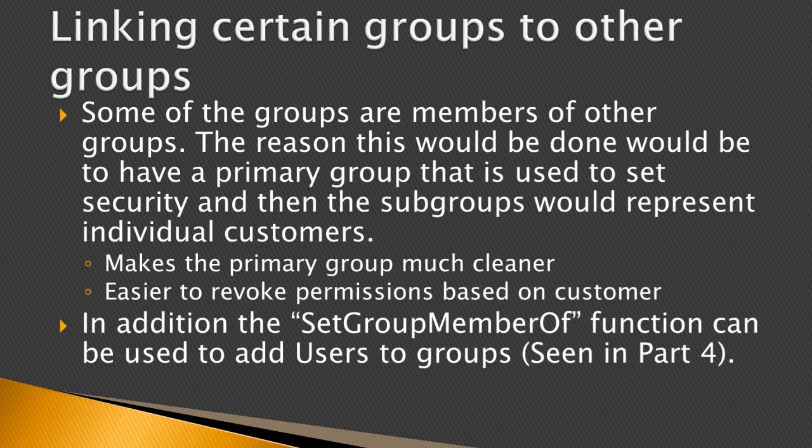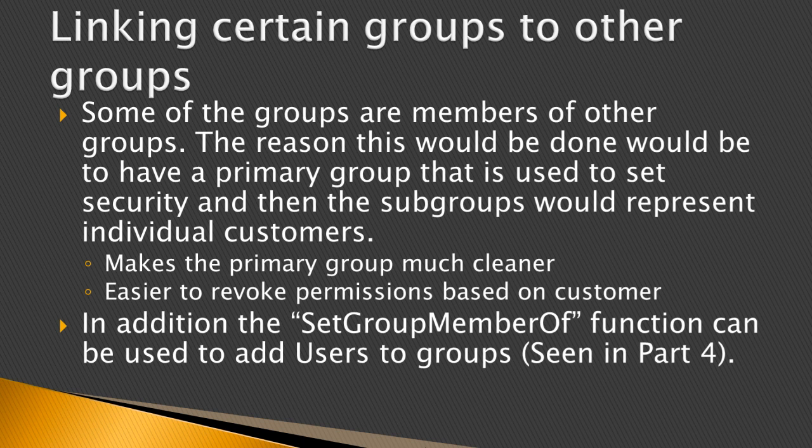Now, the next thing that we do is we're going to be linking certain groups to other groups. Some of the groups are members of other groups. The reason this would be done would be to have a primary group that is used to set security, and then the subgroups would represent individual customers, which I'll go into a little bit more detail when we actually display the script here in the video.